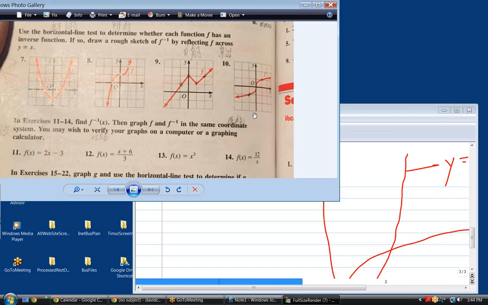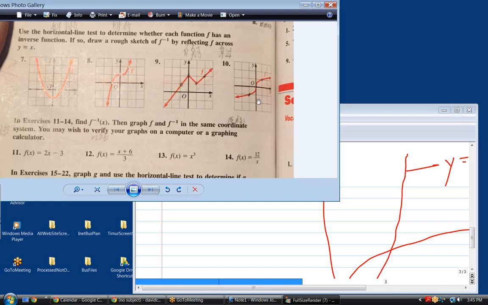It's a little bit tough to tell because we can't tell right here whether that fails the vertical line test or not, not from their drawing. And likewise, it's possible that 8 does not fail the horizontal line test, which means 8 would have an inverse, and 10 would have an inverse.